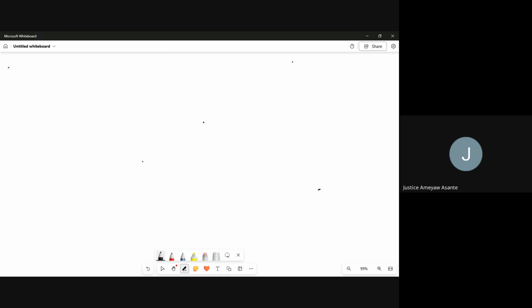When you go back to the electron configuration, beryllium has atomic number 4. So when you draw the electron configuration, you have 1s2, then you have 2s2.